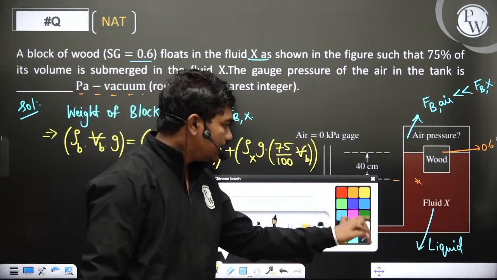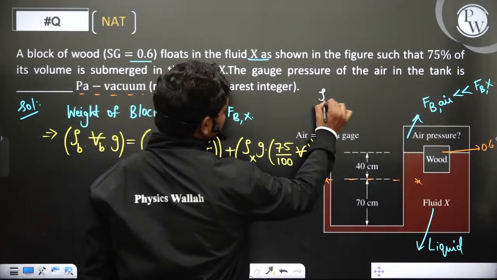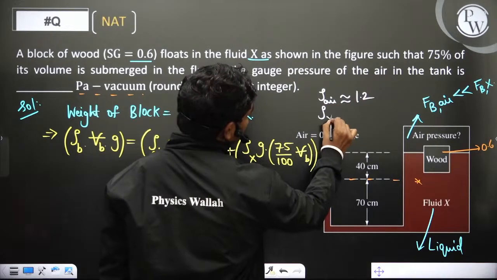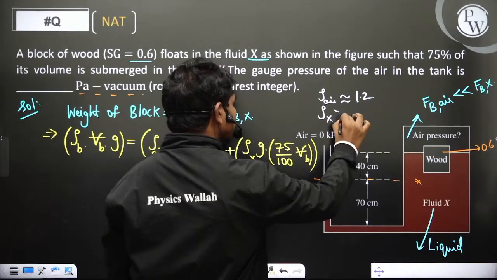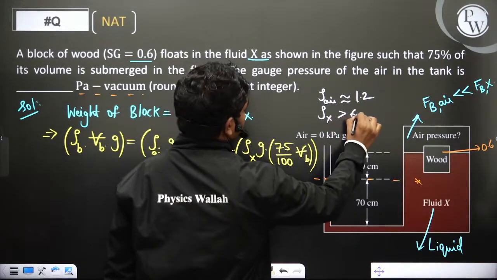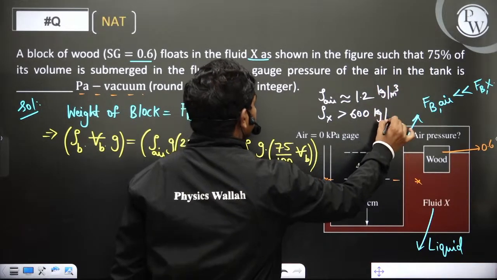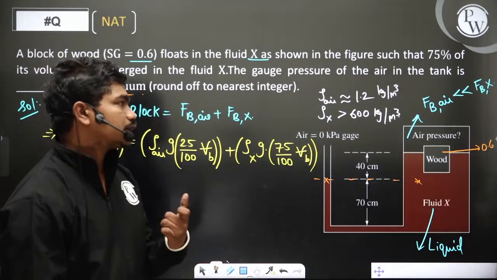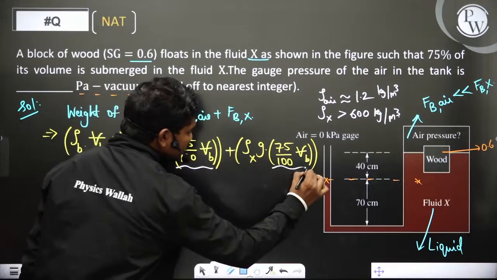This is the equation you can write for balancing. Clearly, if this fluid has density of more than 600, the density of air is maximum around 1.2 kg per meter cube, but the density of fluid X is definitely more than 600 kg per meter cube. And compared to this, this term is larger by 3 times.